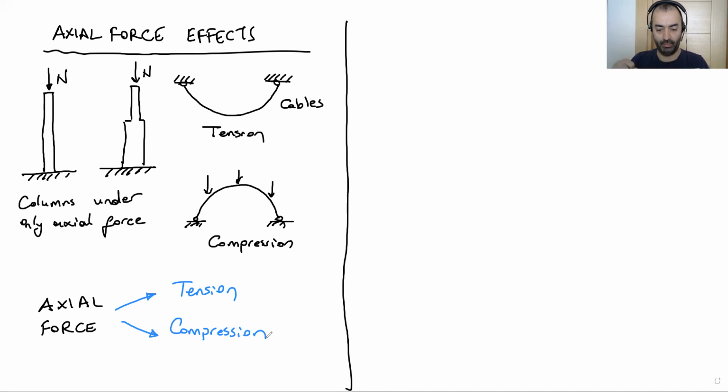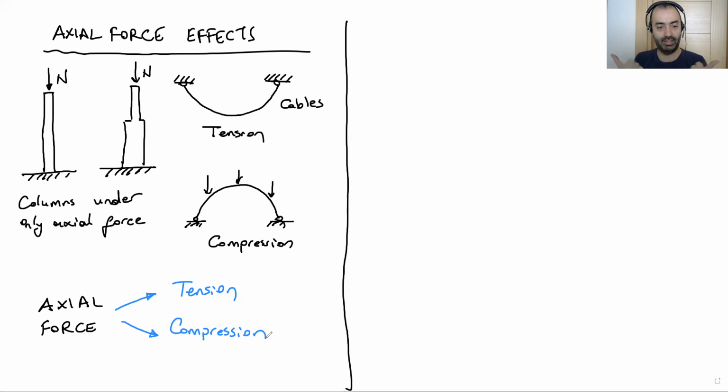If we apply tension, if we apply an axial force out of the member, we are going to make our structural member straight. So there will be tension on that member.